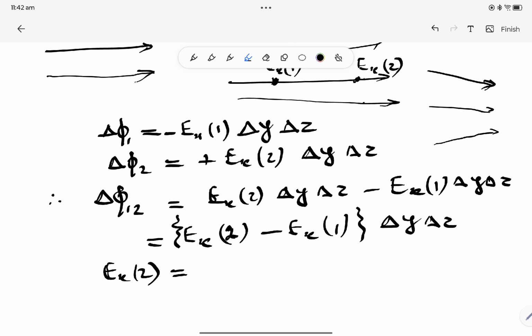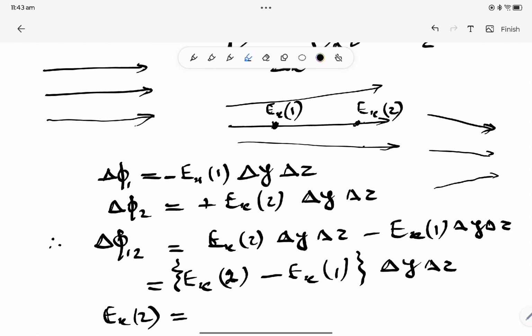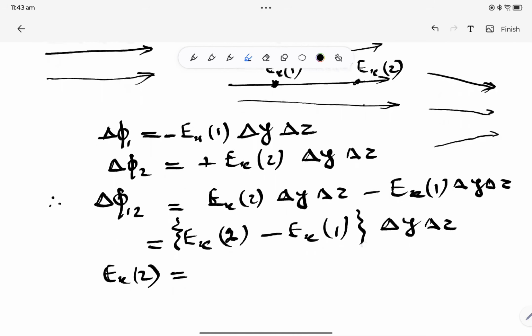It is not a must, you could take the other case as well, but this case makes things easier for you to understand. So suppose it is Ex2 here, and it is Ex1 here. The electric field increases from this point to this point.